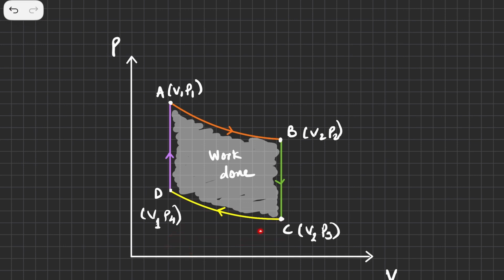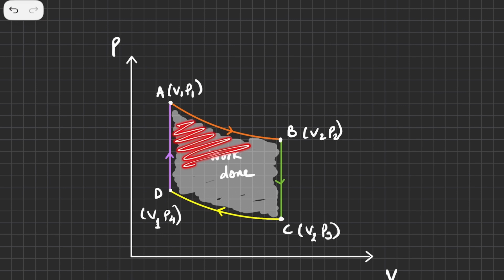It's a compression, and the pressure also increases. And then from D to A, it's again an isochoric process, a straight line going vertically upwards. The volume remains constant, V1 again. So this is the PV graph of the Stirling cycle.